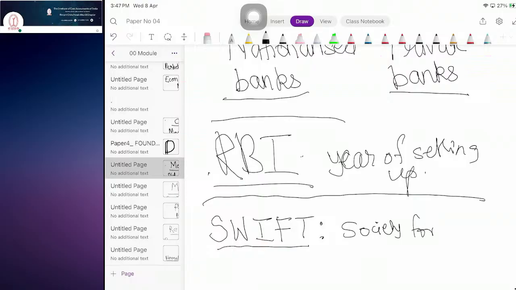Society for Worldwide Interbank Financial Transactions.